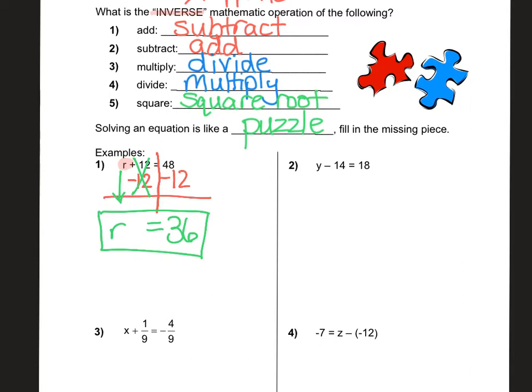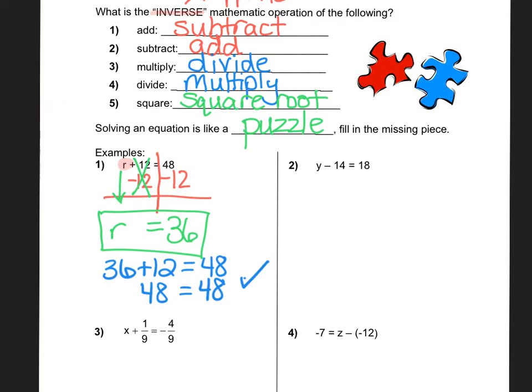So if we did this correctly, we can take the original equation and plug in 36 for r. So 36 plus 12 equals 48. 36 plus 12 does equal 48. So we do have a balanced equation. So that's just a good way to go back and check your answer to make sure that it works out.